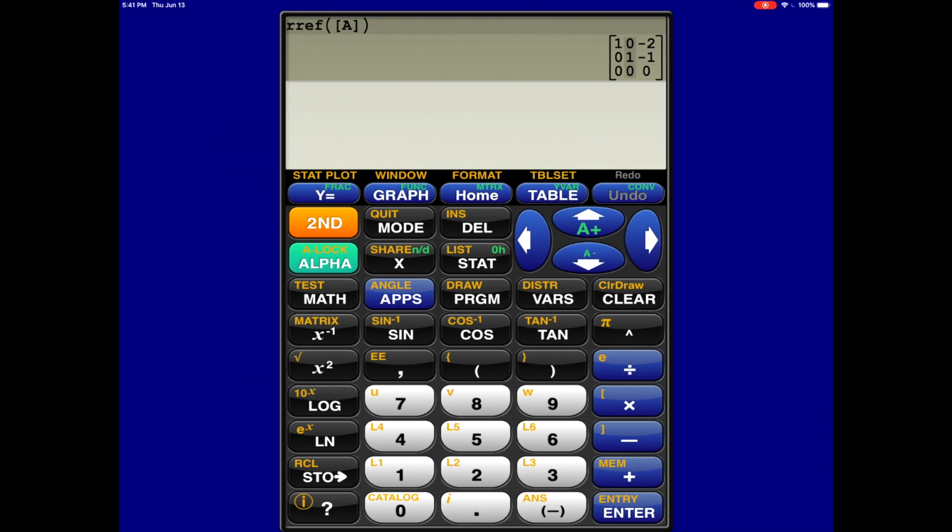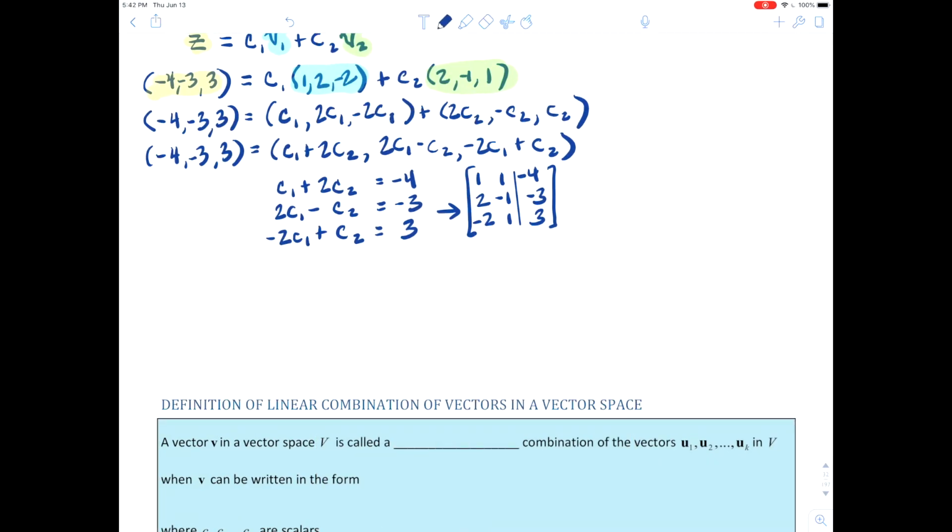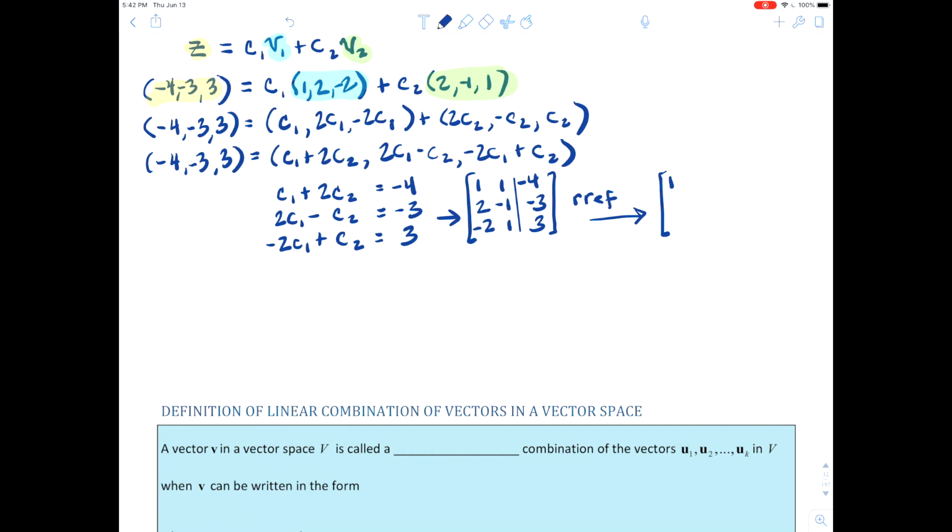So I will just go ahead and write that down. The RREF format is 1, 0, -2, 0, 1, -1, and then we have all zeros. Cool, cool. All right. What did we find out? Is it true? Is it not true?